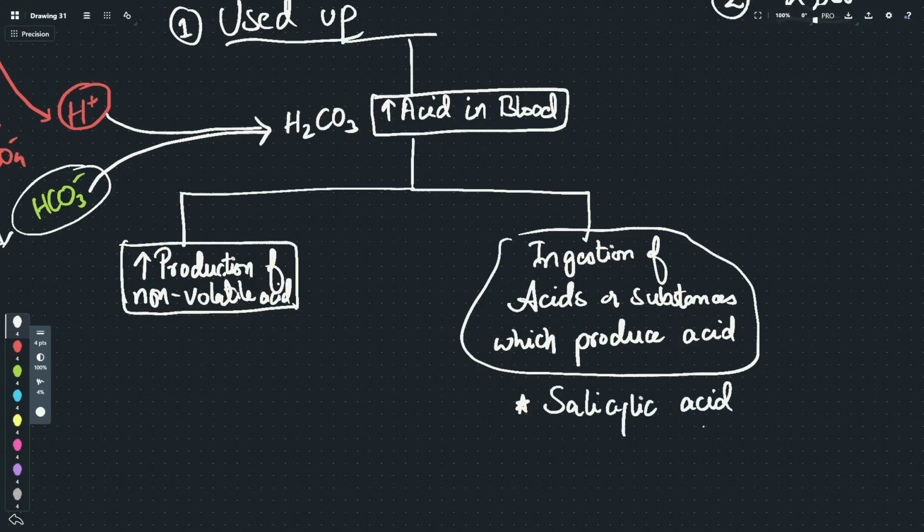It is an acid and it produces certain acids, but along with that, it directly stimulates our respiratory center and sometimes causes hyperventilation even before the metabolic acidosis occurs, right? It quickly stimulates the respiratory center, so much so that it causes quick and increased washout of CO2, leading to respiratory alkalosis.